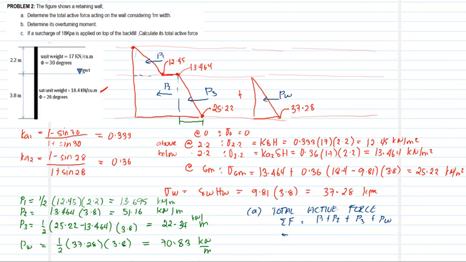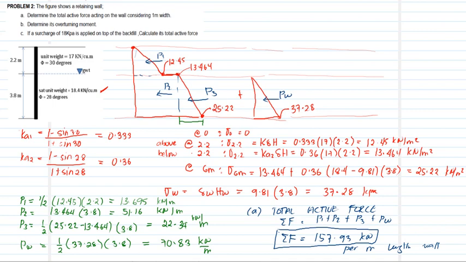So, yung total active force natin is equal to 157.93 kilonewton per meter length of our wall. So, ito na yung magiging answer natin for letter A. So, yan yung magiging total active force natin on the wall.